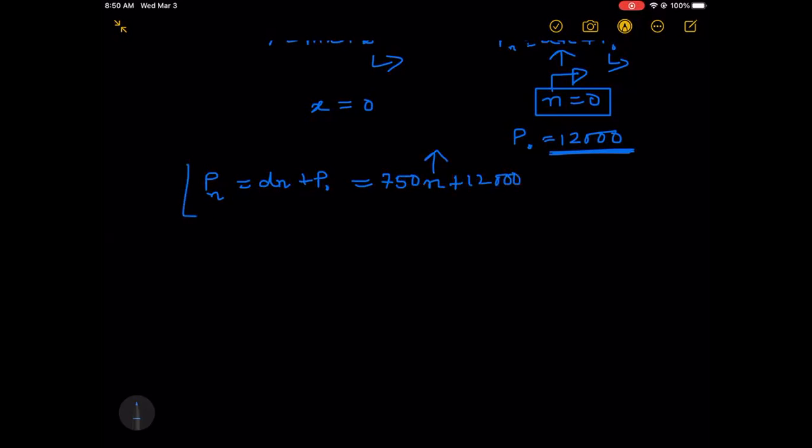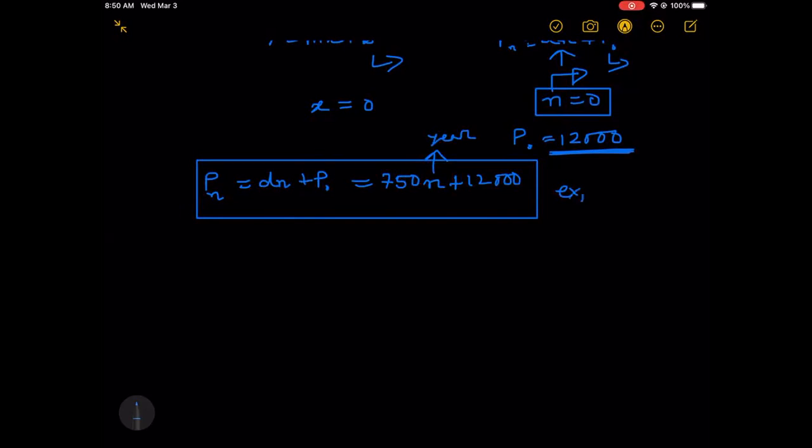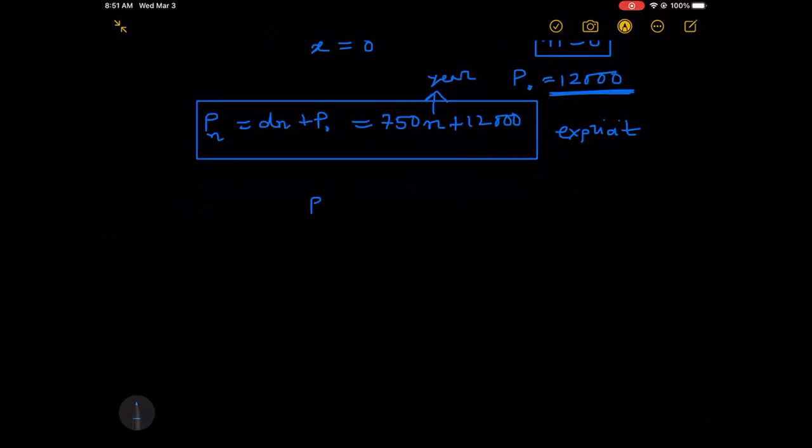So finally, we have the explicit form. This will be our explicit form. Okay. Now, what would be the recursive form? If you remember, recursive form looks like this.